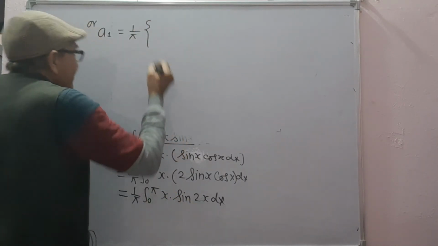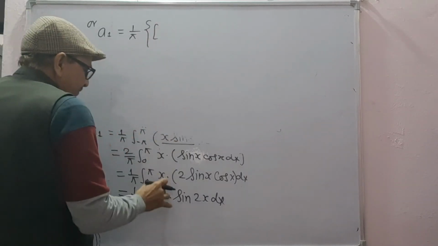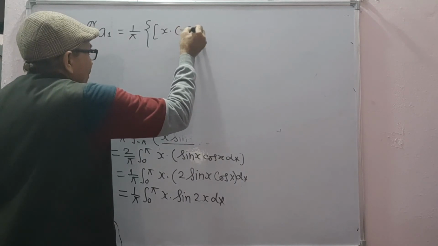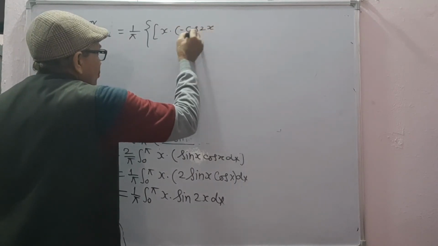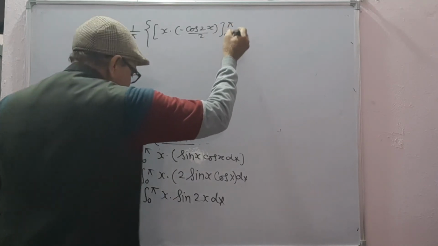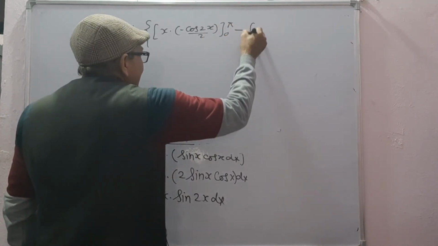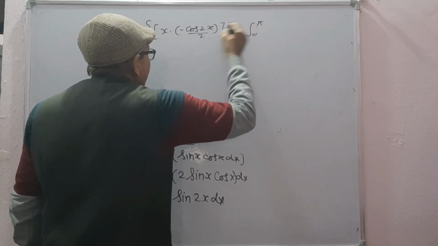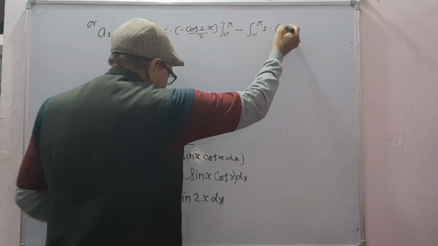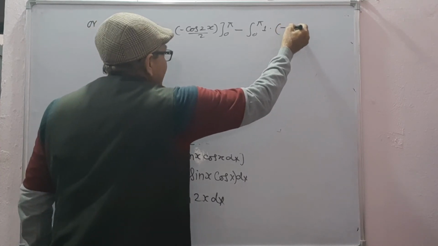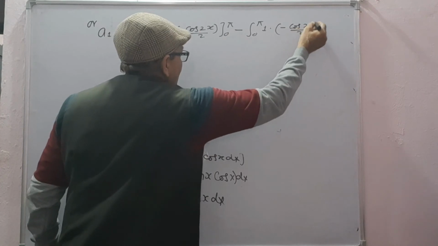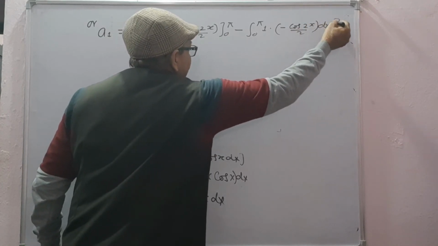Integrating by parts, we take x as u and sin 2x as v: x into minus cos 2x upon 2 from 0 to pi, minus integral from 0 to pi of the derivative of x, which is 1, and the antiderivative of sin 2x, which is minus cos 2x upon 2, dx.